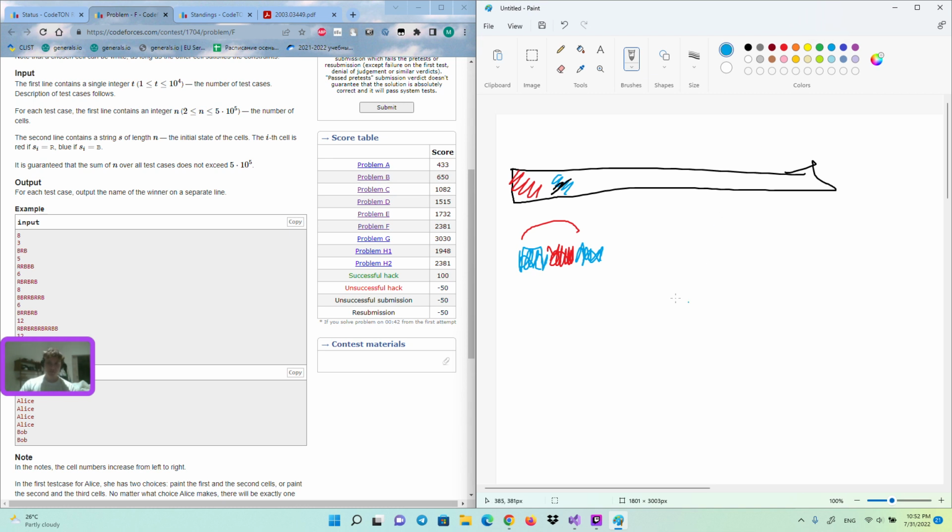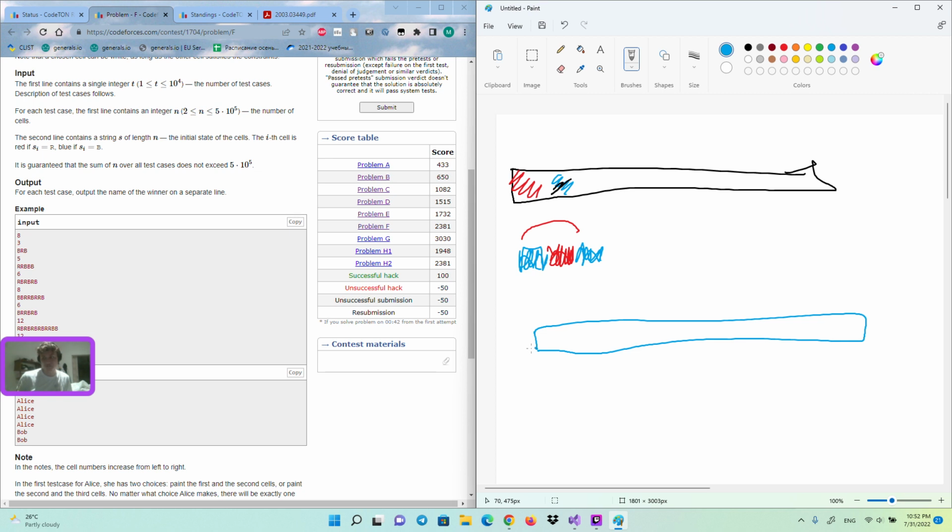So obviously, the first turn. What happens when there are no neighboring reds and blues? Then simply everyone just destroys one blue or one red, and then the outcome is easy to find.